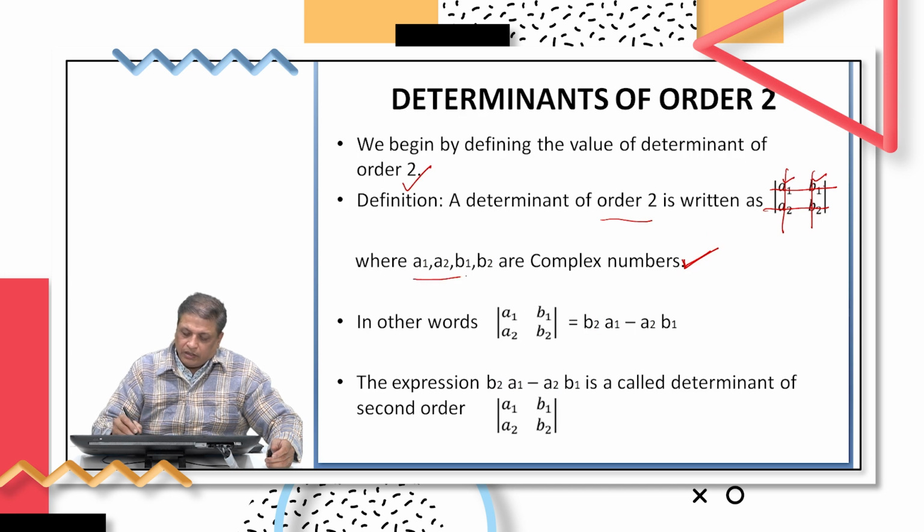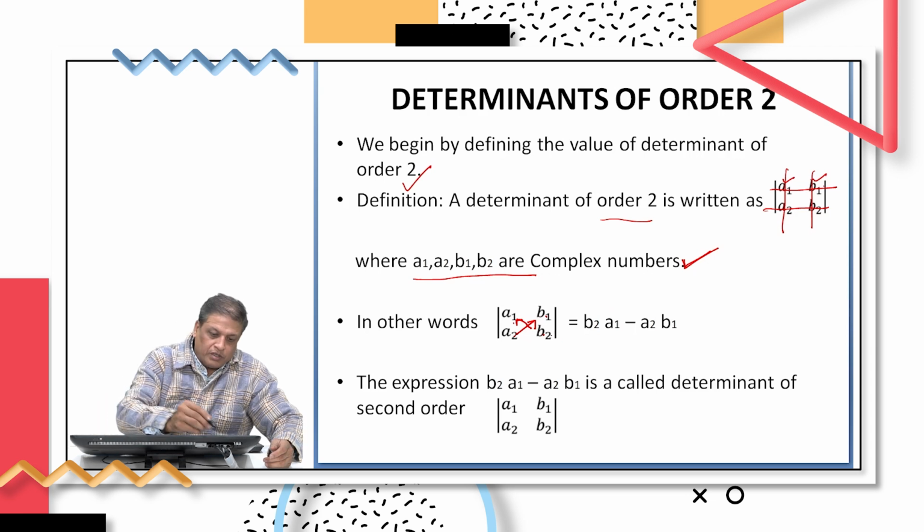And we also learned how to solve this determinant A1, A2, B1, B2: it is B2 into A1 minus A2 into B1. So diagonally we need to multiply, and whatever products we get, we subtract them.